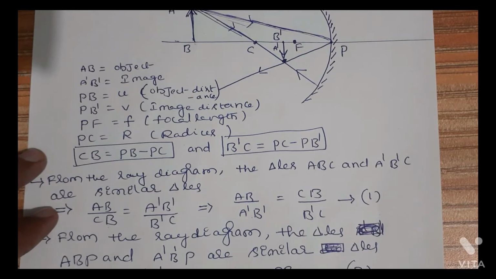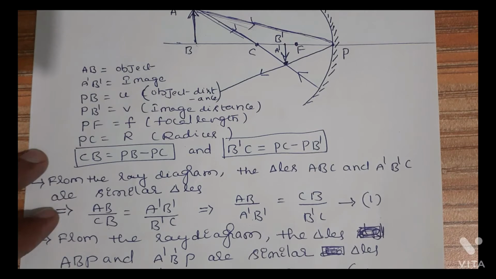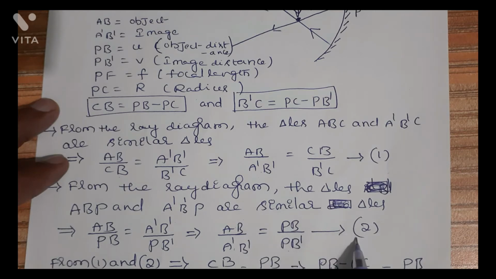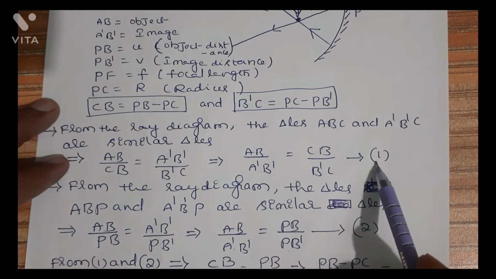Now interchanging the positions by cross multiplication, students, AB by A'B' equals PB by PB'. This is equation 2.